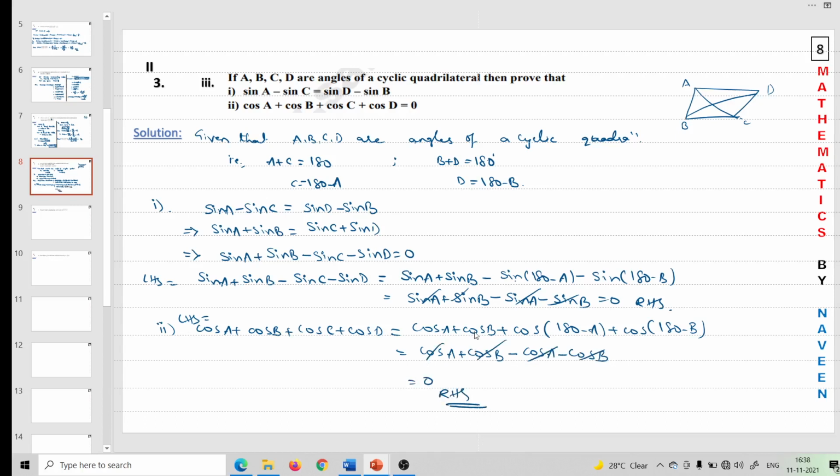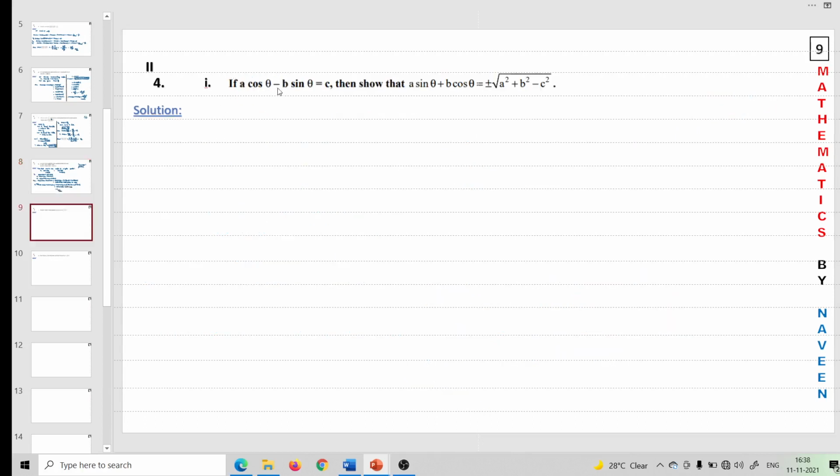Clear? Next problem: if A cos theta minus B sin theta is equals to C, then show that A sin theta plus B cos theta is equals to plus or minus square root of A square plus B square minus C square. Solution: given that A cos theta minus B sin theta is equals to C, equation number 1.